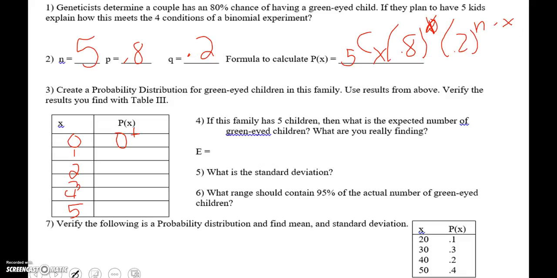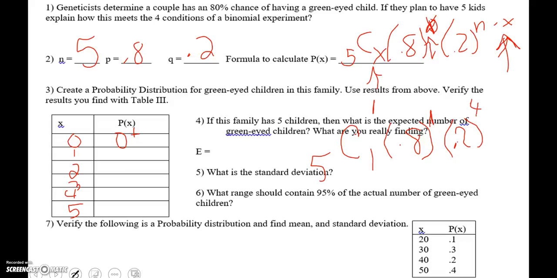So now we're going to do 1, which means we're going to put 1 here in place of x, which is going to be 5C1, and then 0.8 to the 1st power, and 0.2 to n minus x, which is 5 minus 1, which would be to the 4th power.